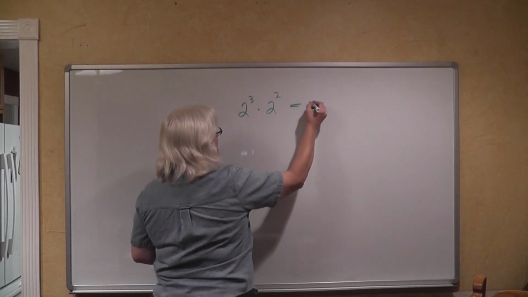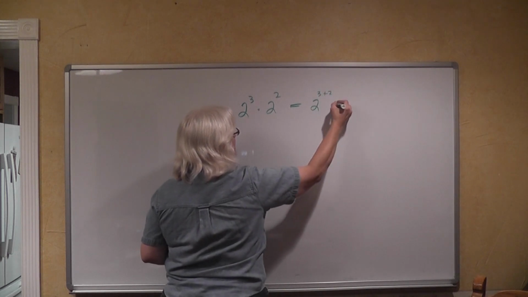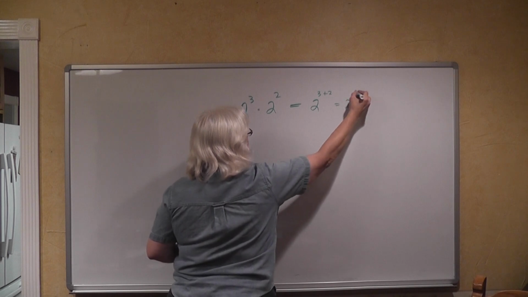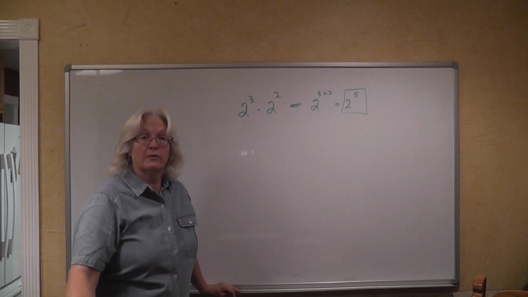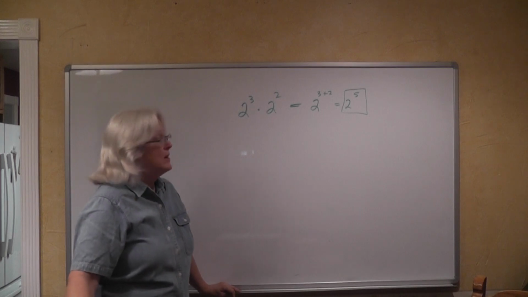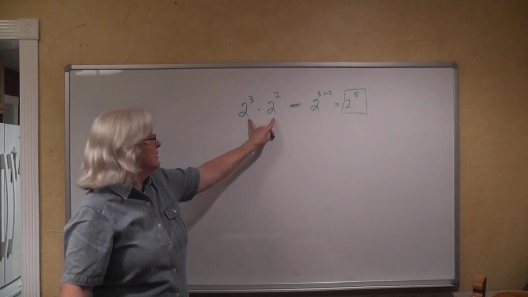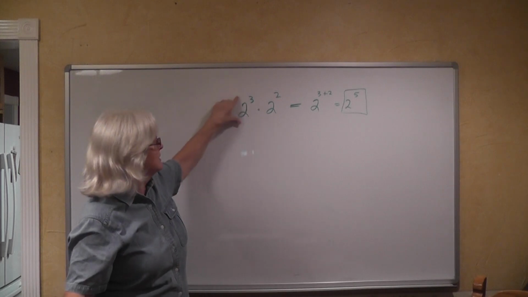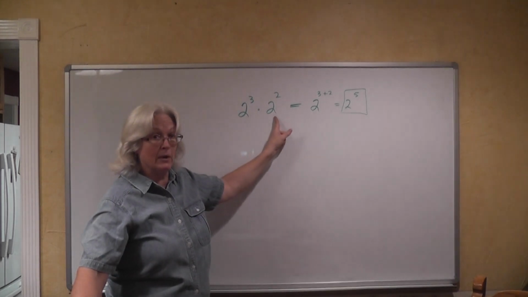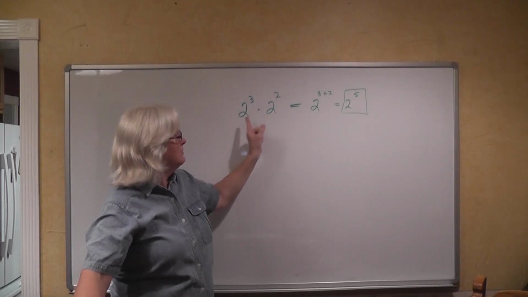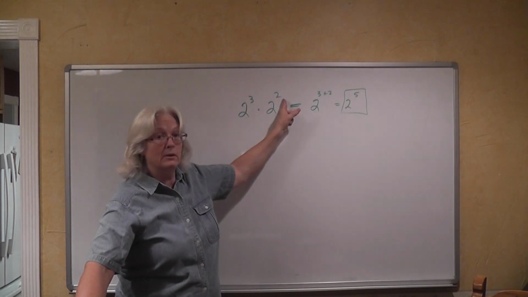We keep the base and we add the exponents, which ends up with our result of 2 to the 5th. Because if you're multiplying powers that have the same bases, here the base is the same, which is a 2, you keep the base and you add the exponents.